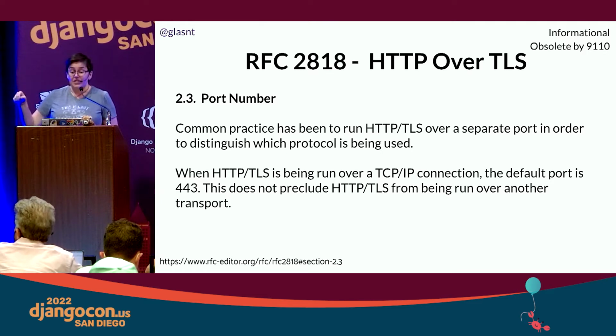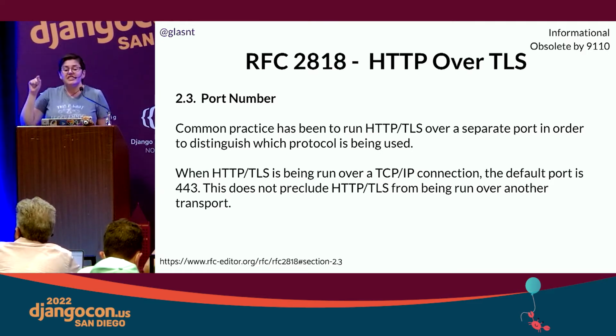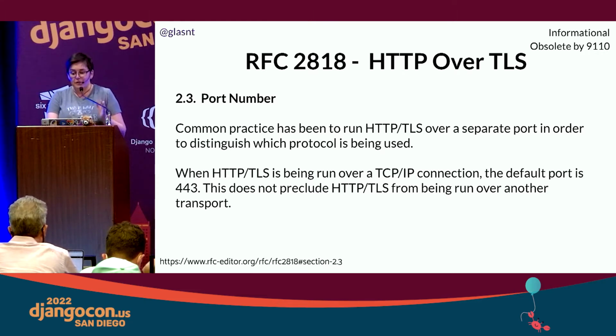When HTTP over TLS is run over a TCP/IP connection, the default port is 443. This does not preclude HTTP over TLS from being run over another transport. Basically, this boils down to that you shouldn't use the port to work out if a request is secure. You cannot assume a request is secure if it's on port 443. You can't presume HTTPS at 443.